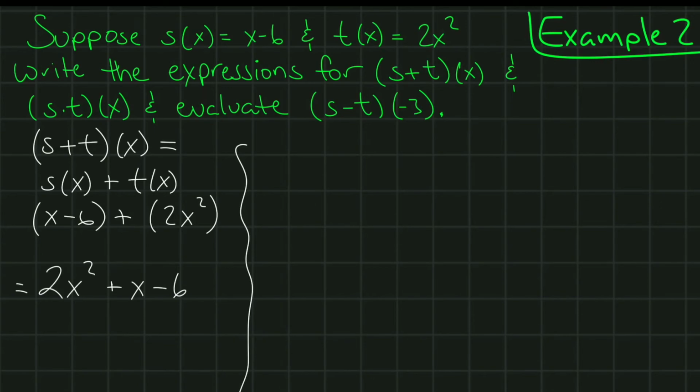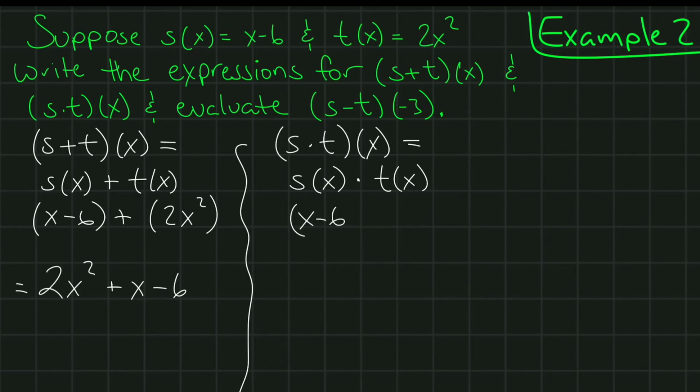The next question, we have s times t of x. That's the same thing as s of x multiplied by t of x. Our s of x is x minus 6 in parentheses, and our t of x is 2x squared.